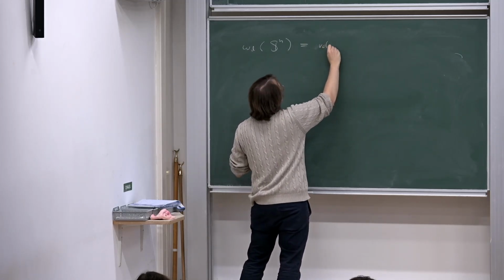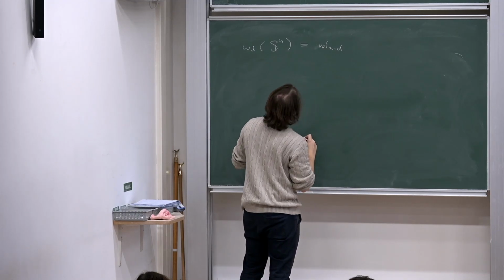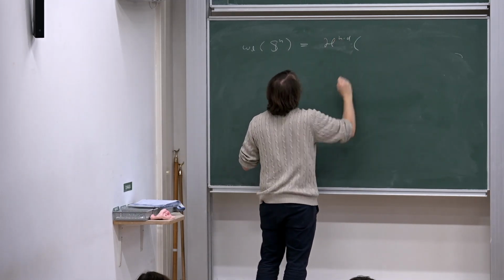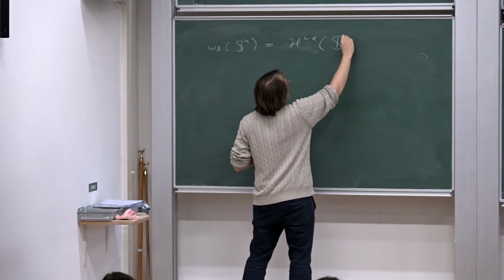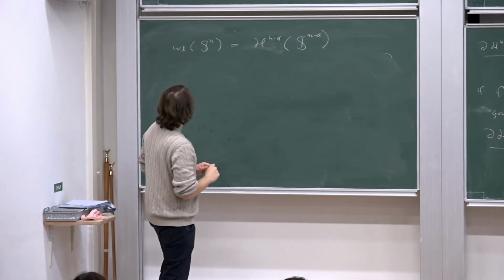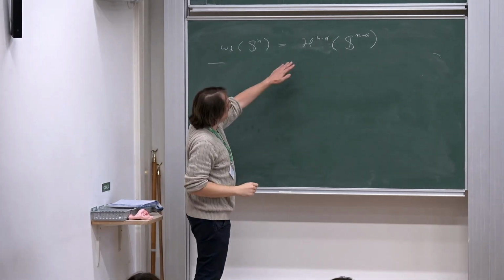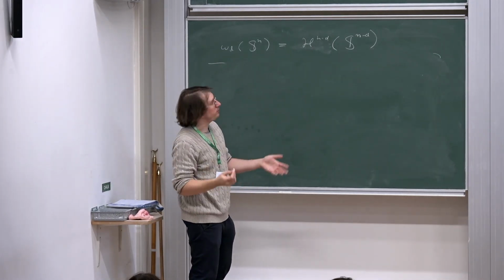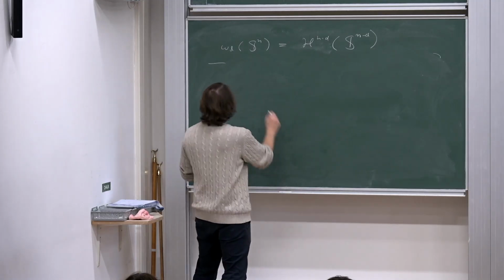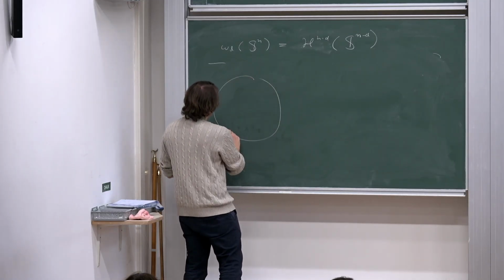So I'll use vol. I could write H^(n-d), but it feels weird. Of the n minus d dimensional sphere, and that's because in a sphere we can classify stationary varifolds, and the only ones that appear are just subspheres.